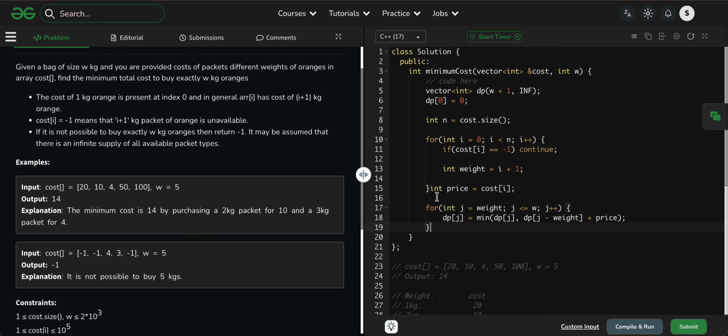Oh sorry, this should be removed from here and put here.